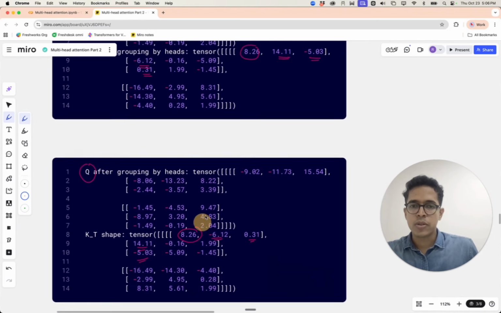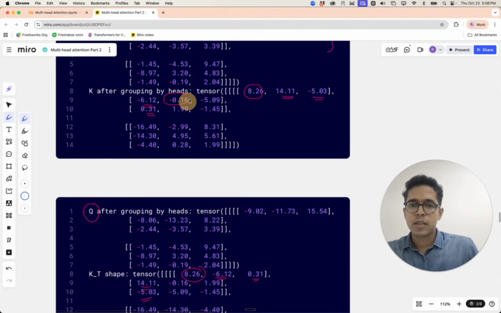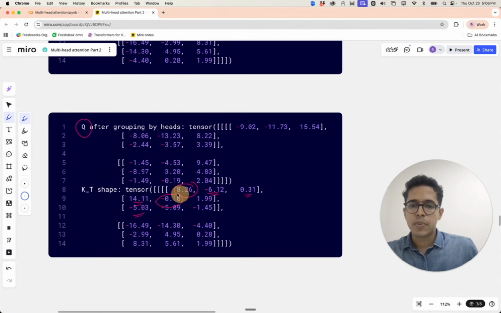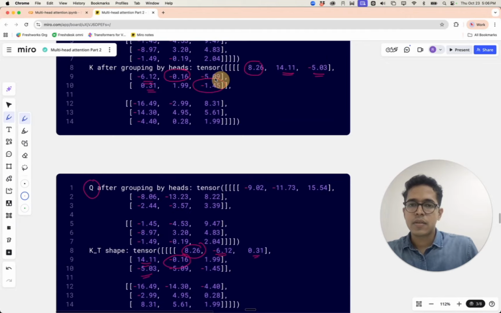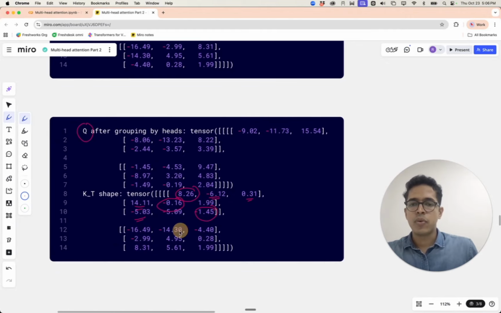Here it is 8.26. Minus 0.16, minus 0.16, minus 1.45, minus 1.45. I mean, this is diagonal because there is a little bit of offset due to these extra brackets, but I hope you understand that these three are the diagonal elements. Same thing has happened for the head number 2. So now we successfully took a transpose of key.